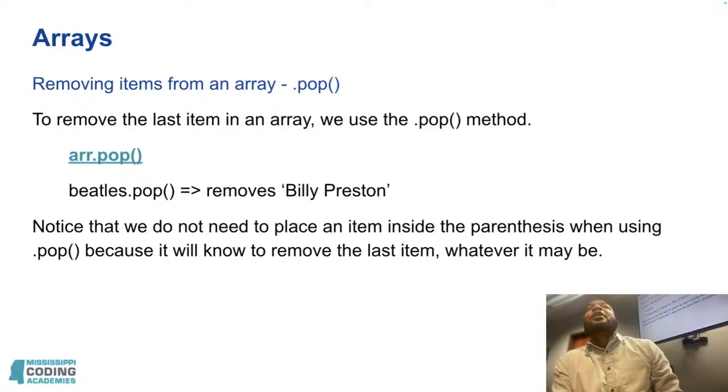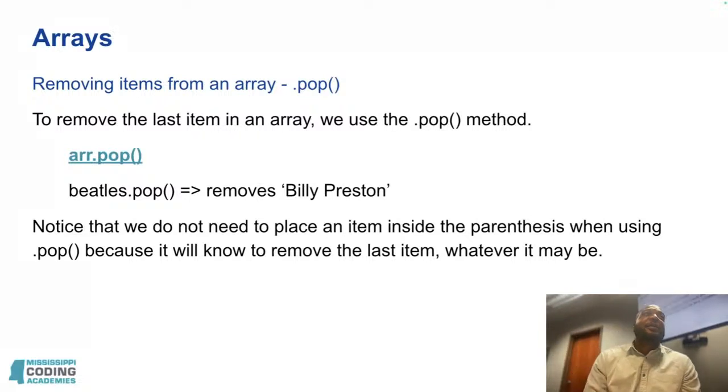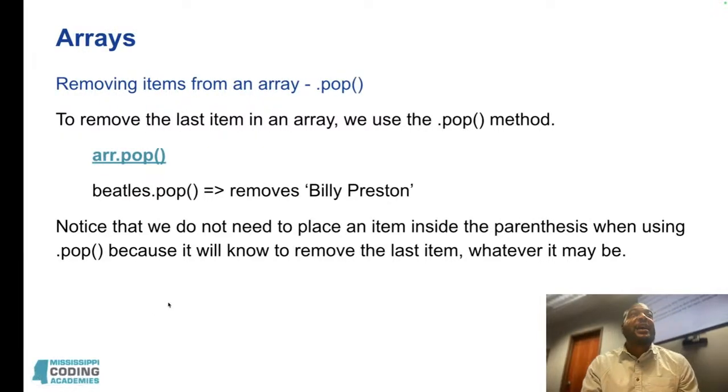We have what's called the pop method. In the pop method, we simply say the array dot pop and then open and close parentheses. Notice that we don't need to place an item inside the parentheses when using dot pop because it will know to remove the last item, whatever the last item is.